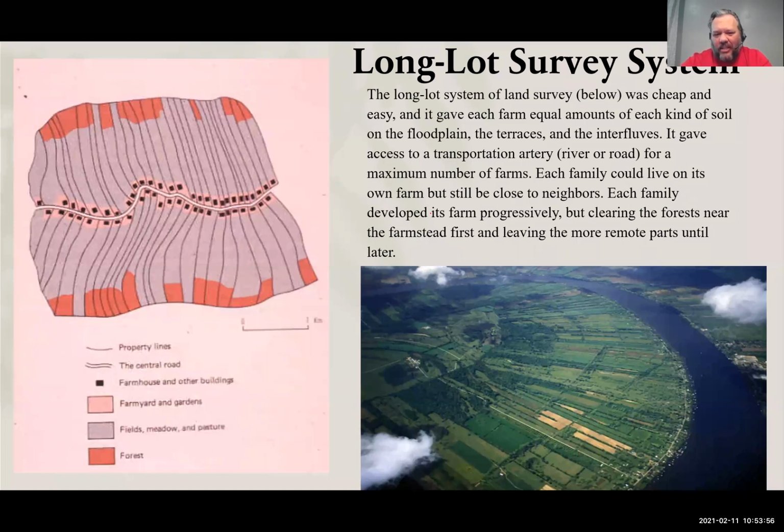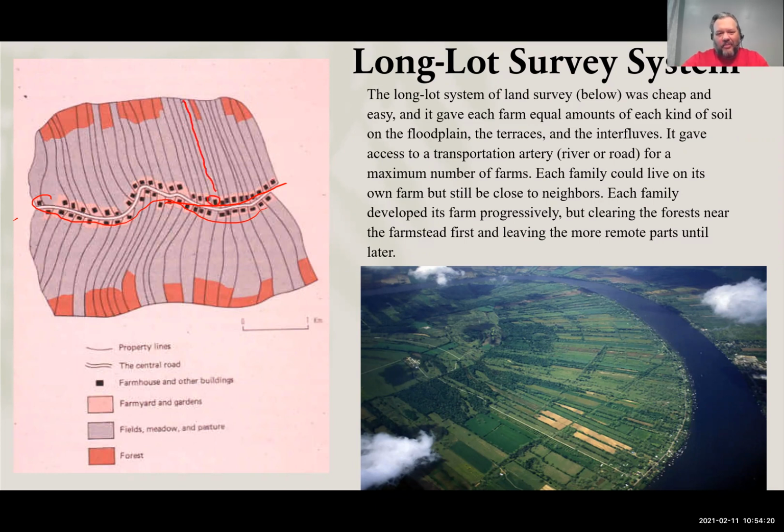And then finally, we have what they call a long lot survey system. And so this was a way to give everybody a fair amount of land that still wanted to stay generally together. And so this would be like the farmhouses, right? So this is a river or a road, river in this case. And so we'll say, look, to this person, we're going to give you all this land back here.